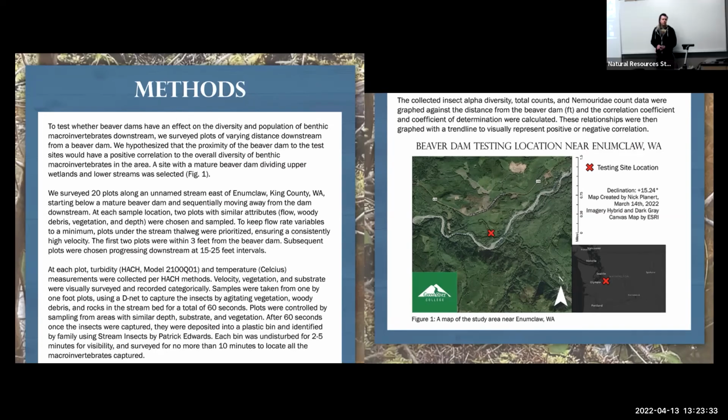All right, so land use. This piece of land is owned by the Green River College Natural Resource Department. I'm not sure who owns the land around our land, but it's mostly used for recreation and research for the students.